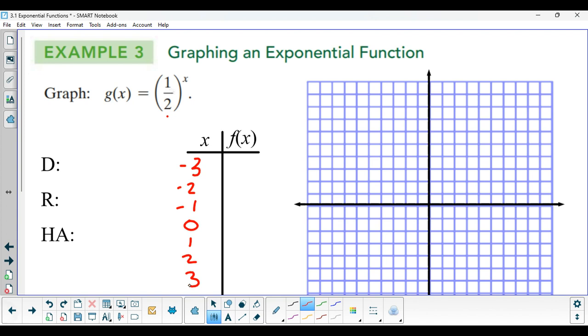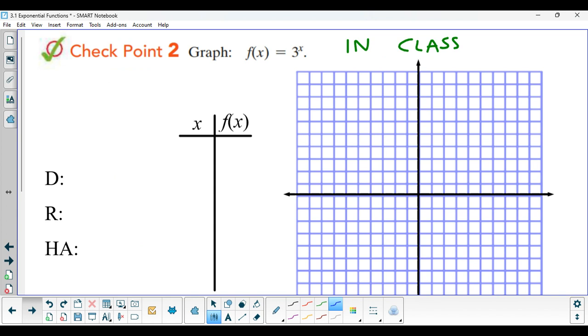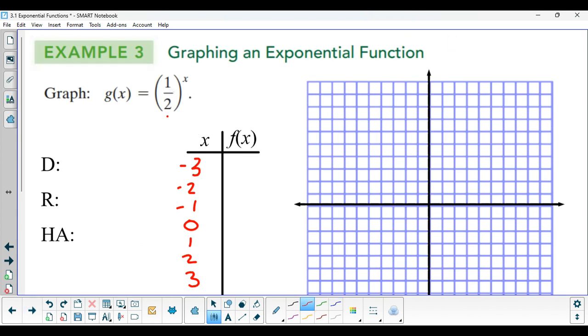Actually, if I go back to this really quick, because this graph is increasing, we are going to say, even though the question didn't ask us, I always got to do extra, that's exponential growth, because the graph is getting bigger. Now, as we move on to example 3, the number's smaller, that 1/2. So this is going to be exponential decay.